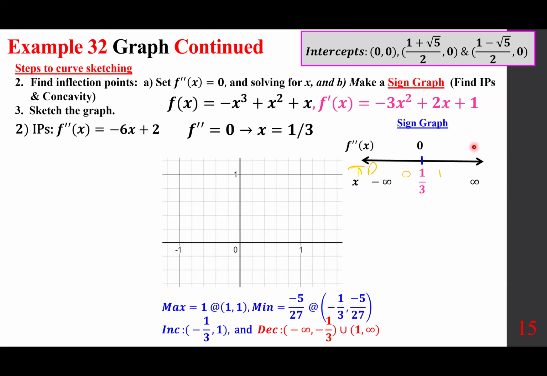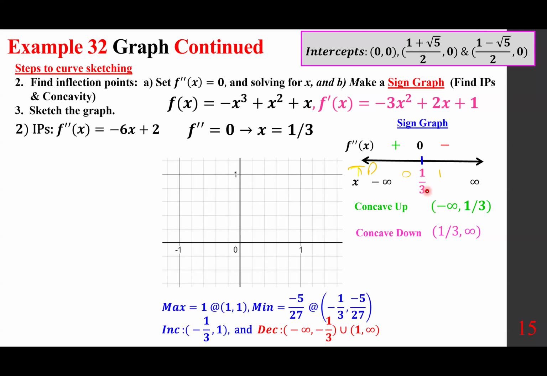So positive, they will alternate. So that means positive means concave up from negative infinity to 1/3. And negative means concave down from 1/3 to infinity. And because of the change at 1/3, we have an IP, inflection point.